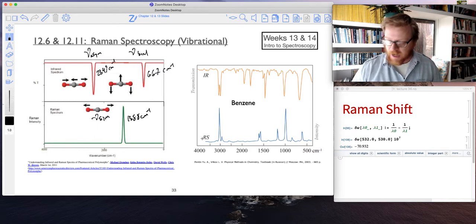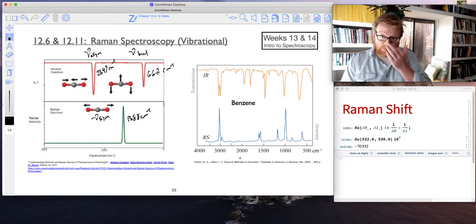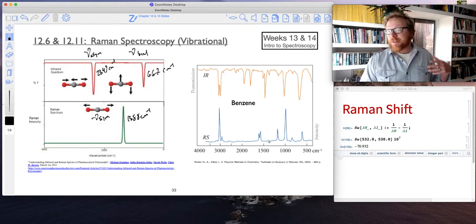Then you can get a really nice positive ID on a molecule, especially if it's a molecule that hasn't ever been synthesized before. If it's a brand new molecule, you might not be aware of all of the active FTIR modes or Raman modes, right?